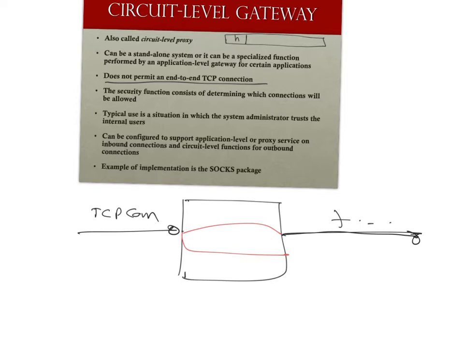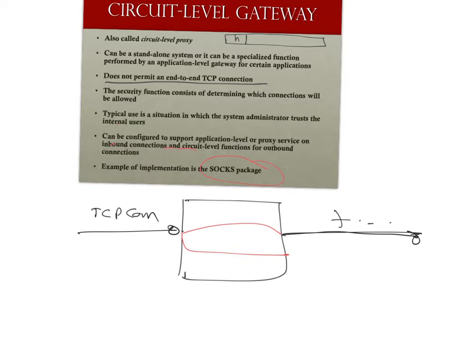So a typical use for this is a situation in which the system administrator trusts the internal users and can configure the gateway to support application level or circuit level proxy. This is what I'm trying to say. So the circuit level can be implemented as part of the application level gateway as well. One of the most famous ones, which we used to use in the past, of course, not anymore because now people usually use VPN, which is a lot more secure than this, is the SOCKS server.